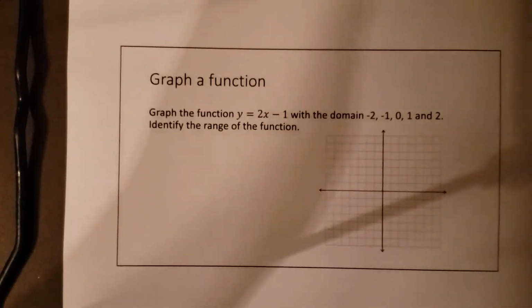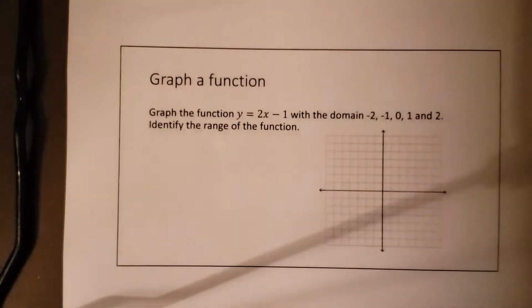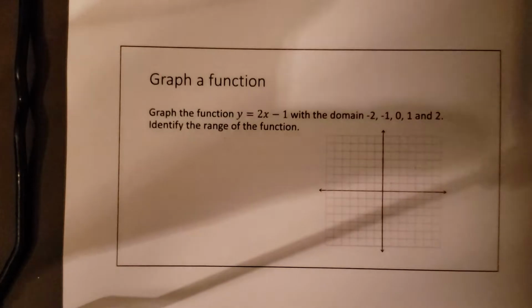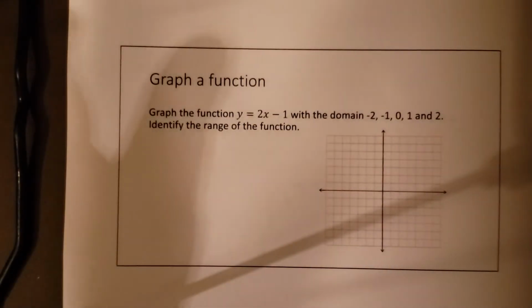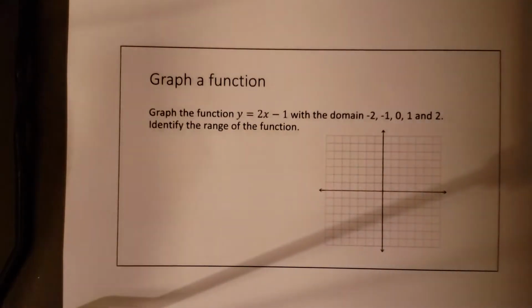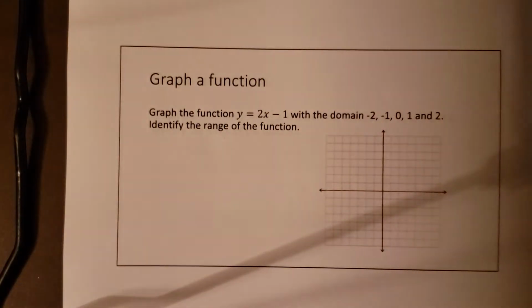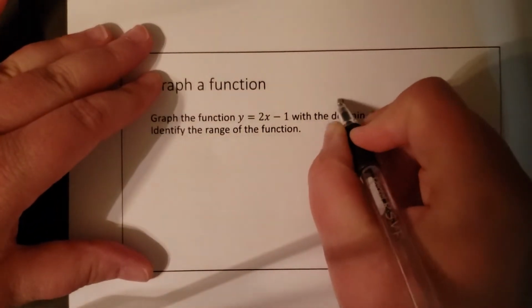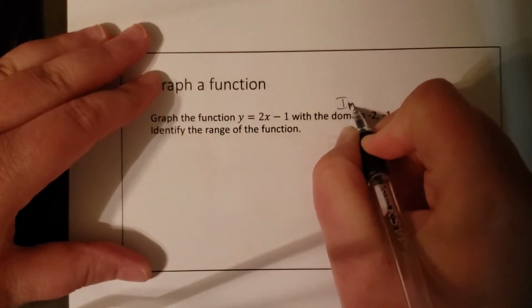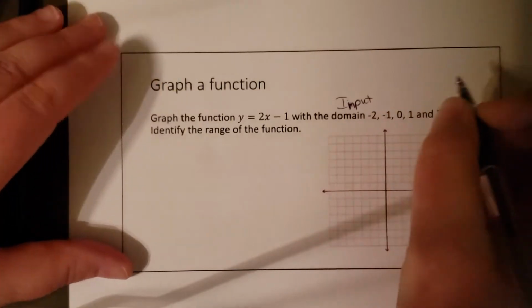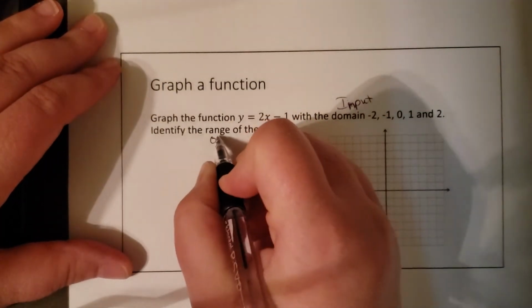All right, this is one of my favorites because we're graphing functions, okay? How do I know it's a function? Because every input has exactly one output, all right? The domain is the input. The range is going to be my output.